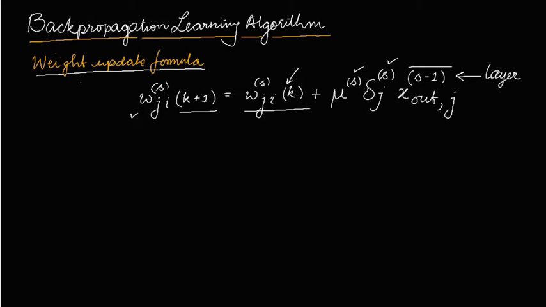So if you are going to update a weight of the sth layer, then it is the previous weight plus the change in the weight, and that change is calculated with the help of this expression, which involves mu and delta j of the same layer, but x out of the previous layer, s minus 1.